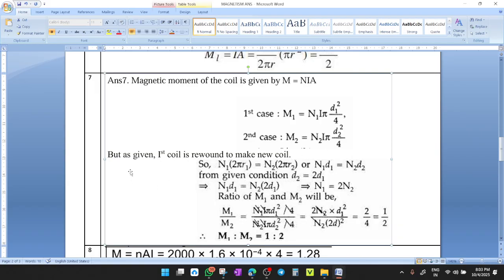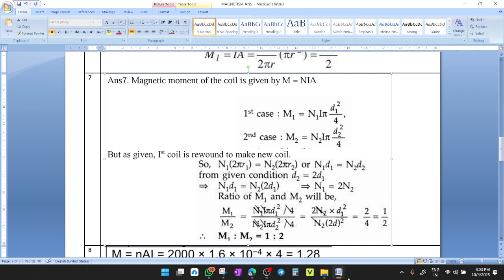Now, it is given that the first coil's turns are wrapped over to make the second coil. This means the total length of the wire will be the same. Yes or no? If you unfold one coil and wrap it again, the length of the wire is the same.